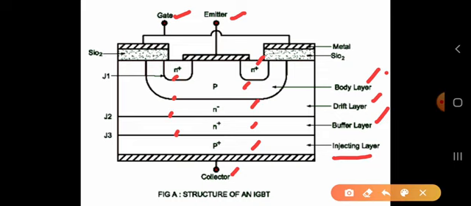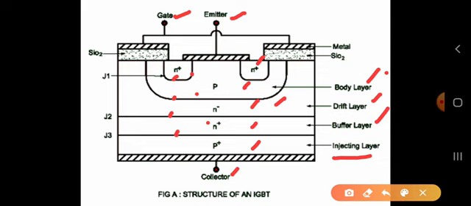So NPN along with the drift layer is also included. It is just like a simple diagram of a MOSFET.